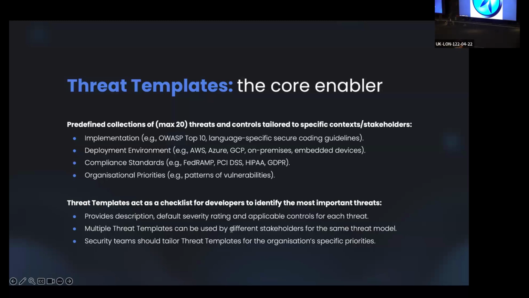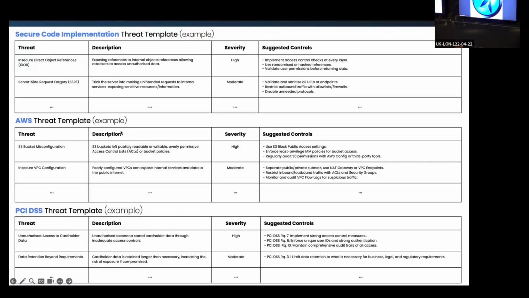The methodology comes with a number of example threat templates, so we'll share the link in the last slide. You'll have the full documentation with all the examples. But really, security teams within the organization should tailor these threat templates to align them to the most important threats for their organization. Okay, so this is an example of 3 different threat templates on the top: secure code implementation, AWS, and PCI DSS.